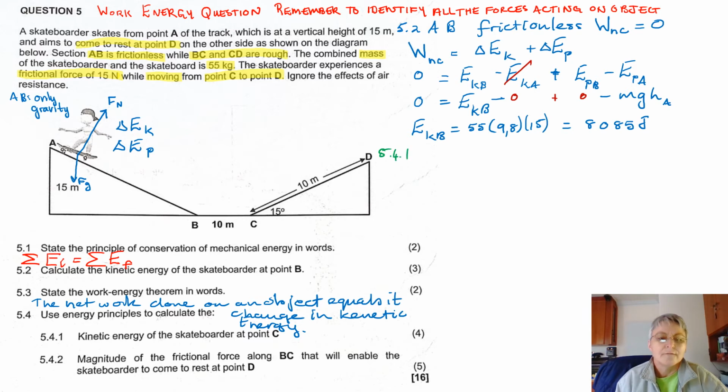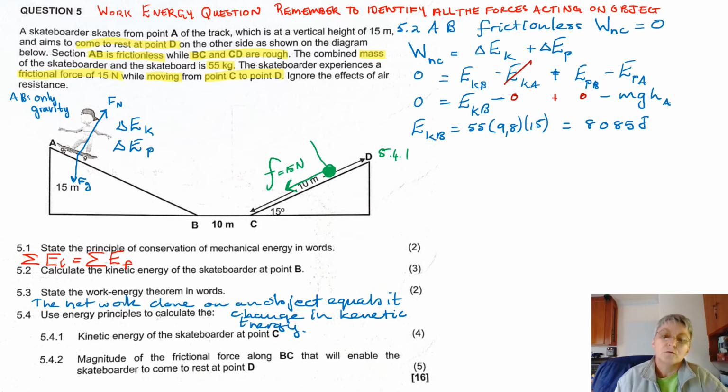So question 5.4.1 asks for you to use the energy principles to calculate the kinetic energy of the skateboarder at point C. Now, for this, we need to skip the section BC, and to do that, we need to take into consideration that there is a frictional force acting on this object, and if the object is moving up the plane, the frictional force will be down the plane, and they've given the frictional force as 15 newtons.